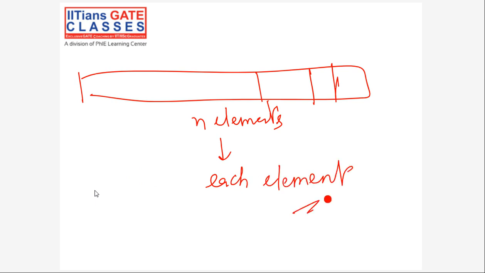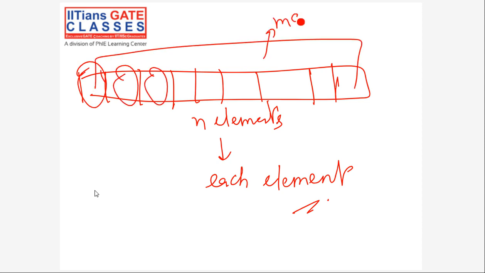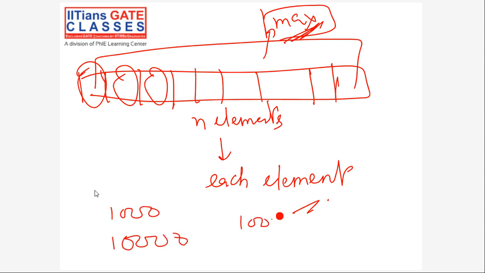I was not restricting the maximum value that can be there in the array. So that max value can be anything: 1,000, 10,000, 1 lakh, or 1 million.